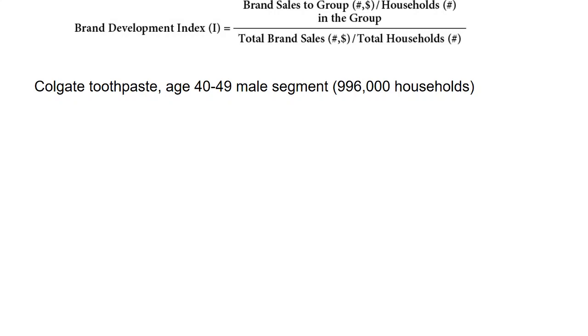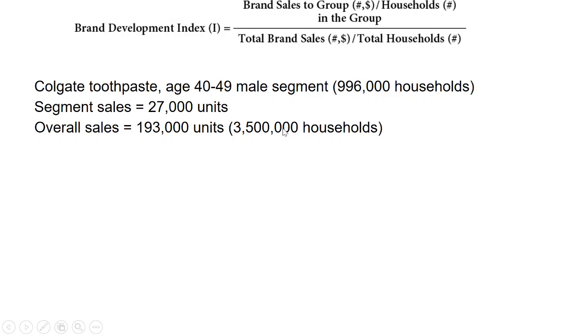Colgate toothpaste, and this is calculated a little bit differently. Your targeted segment is males in their 40s, and we know that there are 996,000 households that fall into this particular segment. Within the segment, we've sold 27,000 units, but we also know that we've sold 190,000 units to 3.5 million households.